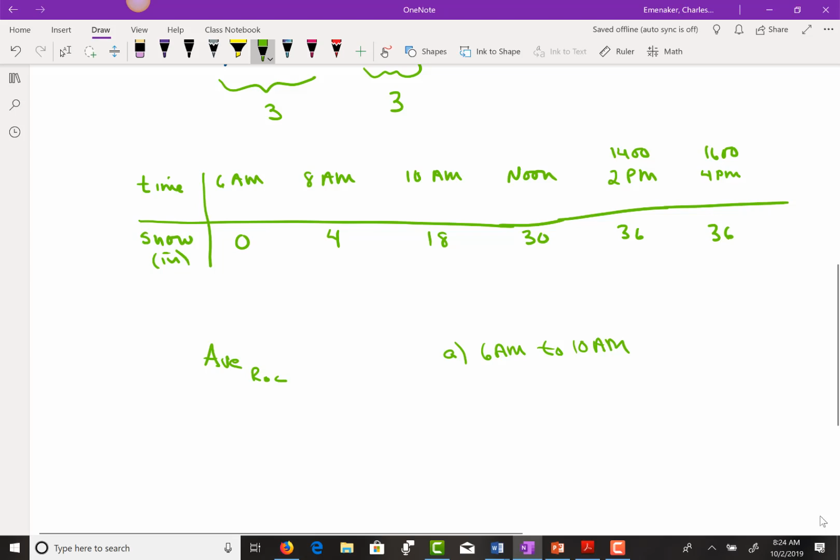It's a slope. Okay, average rate of change is a slope. Wait a minute, what slope? It's y2 minus y1 over x2 minus x1. That's it. You got to be kidding. That's all this is? Yeah, it's just a fancy way to ask you to do a slope. That's all this is. Okay, so is the time or the amount of snow the x value?